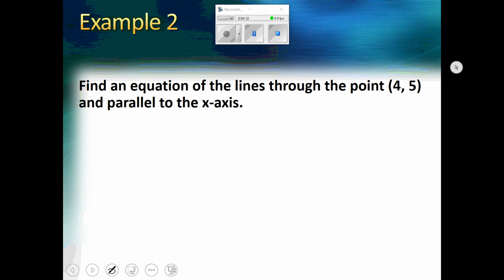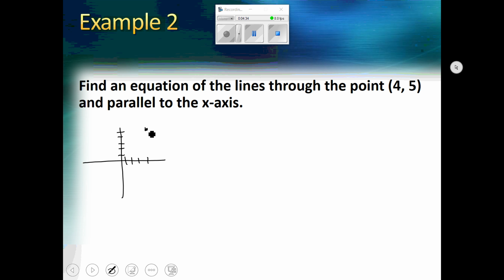So I think it would be great if you would try this one. Okay? So hit pause and try it. I would encourage you to graph this. We know the point's going to go through 1, 2, 3, 4, 1, 2, 3, 4, 5.